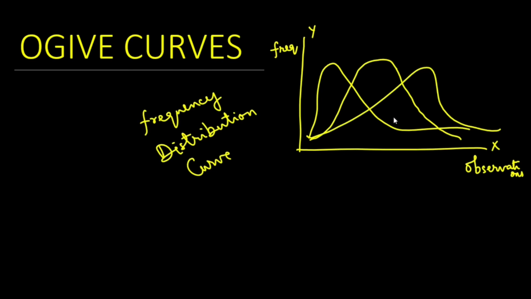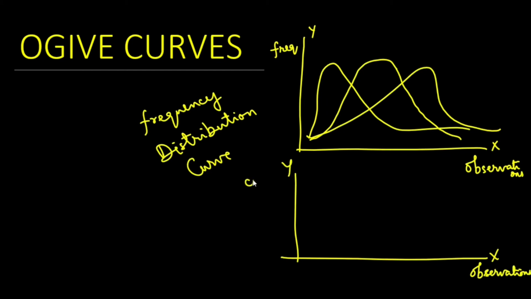Now let us say we are drawing the less than cumulative frequency distribution curve. Here on x-axis we have observations, on y-axis we have cumulative frequency. For the less than type curve, the cumulative frequency goes on increasing.